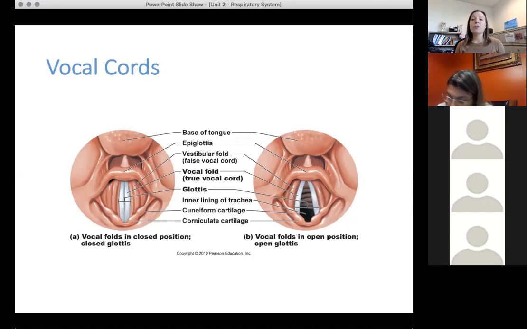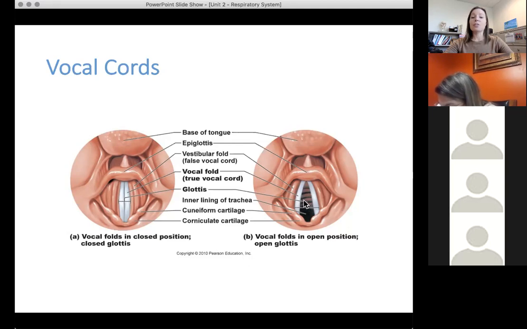Okay, and the term phonation in your outline right below, it means the production of sound. And that occurs when air moves through the middle of the vocal cords.